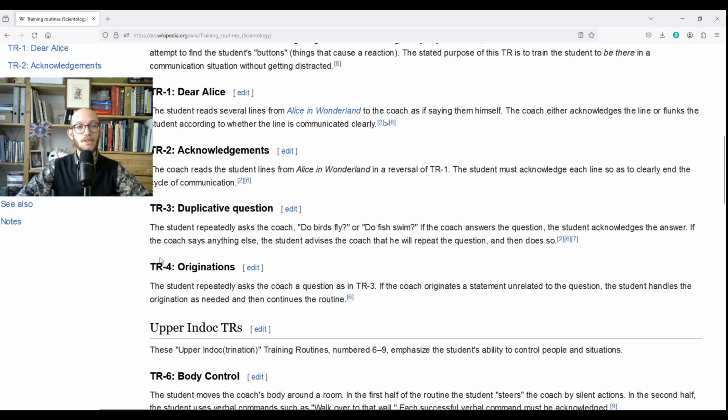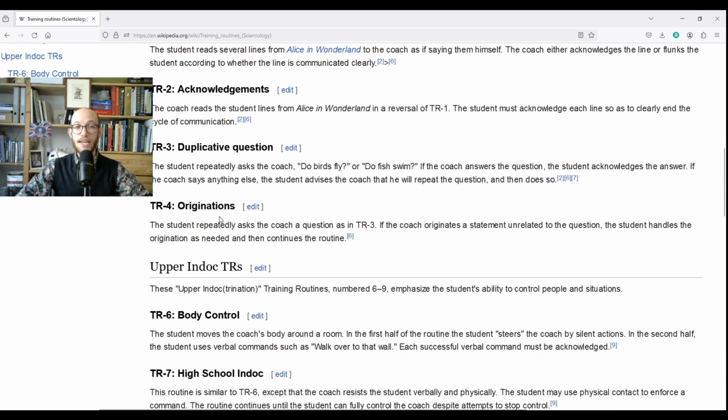Okay. Tier 4, originations. The student repeatedly asks the coach a question as in Tier 3. So again, do birds fly or do fish swim? If the coach originates a statement unrelated to the question, the student handles the origination as needed and then continues the routine. So here it picks up the same as we did in Tier 3, where we asked the question, do birds fly, do fish swim?